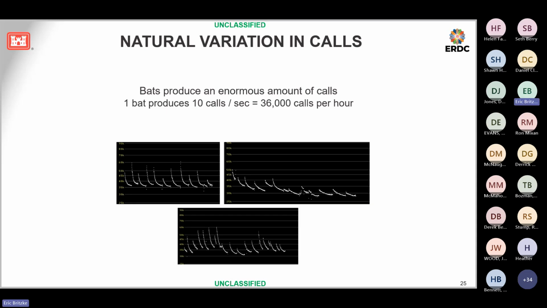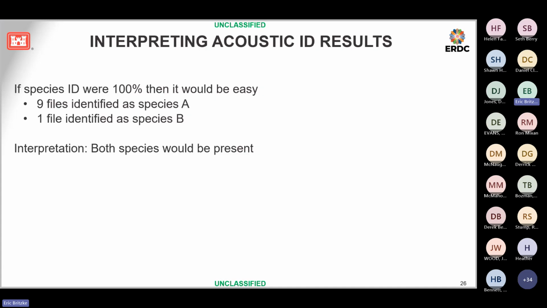What's important here is that bats produce an enormous number of search phase calls, about 36,000 pulses per hour. Some of those pulses may look like other species or may overlap other species. So there's an enormous amount of data that we have to go through, and we need to keep that in mind as we're filtering things out.